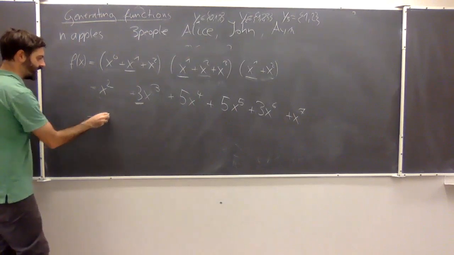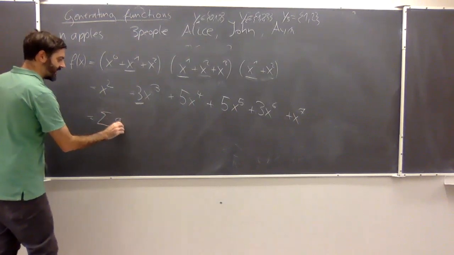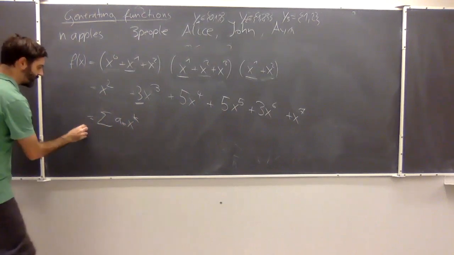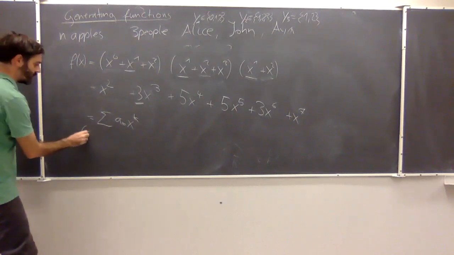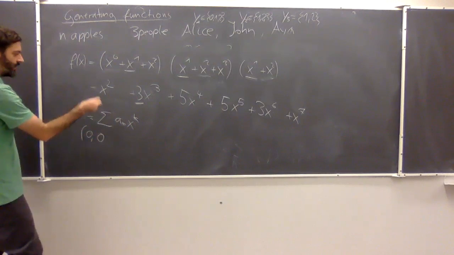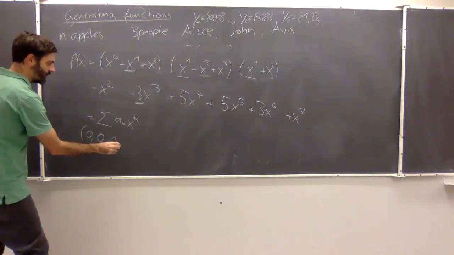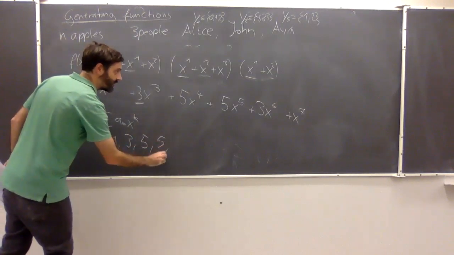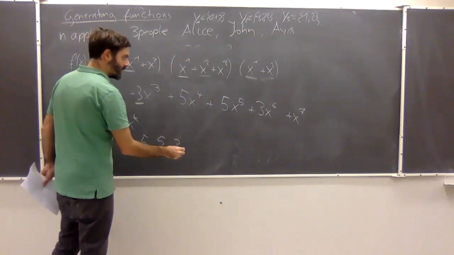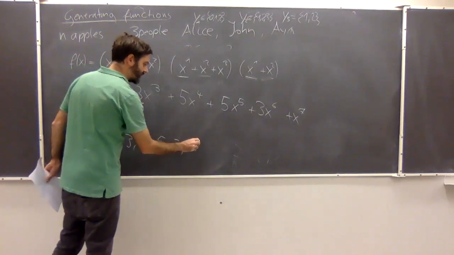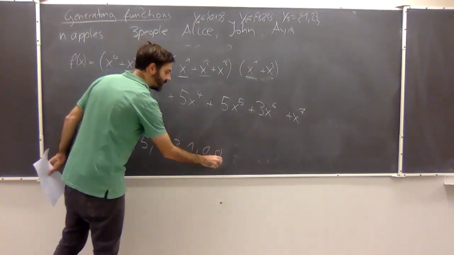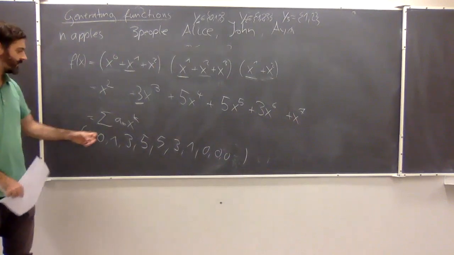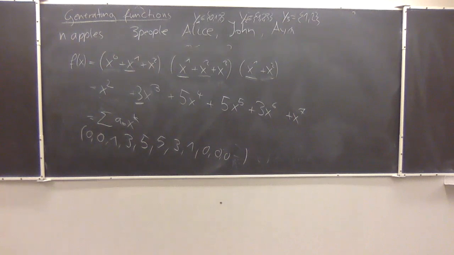If you write this as a sum over a_k x to the power k, then my a_k's are: there's no power 0, no power 1, there's 1 at power 2, 3 at power 3, 5 at power 4, 5 at power 5, 3 at power 6 and 1 at power 7, and then only zeros. I have my sequence of the a_k's encoded by this polynomial.